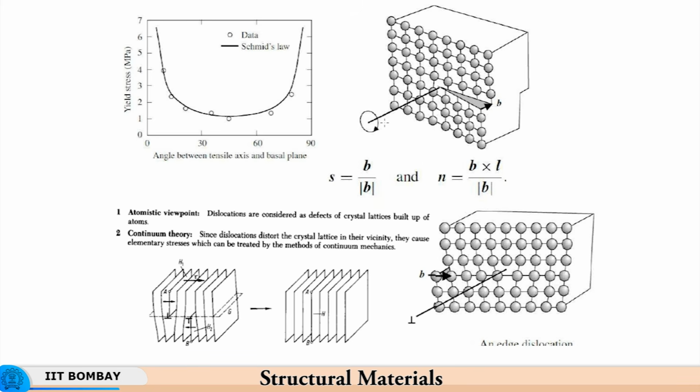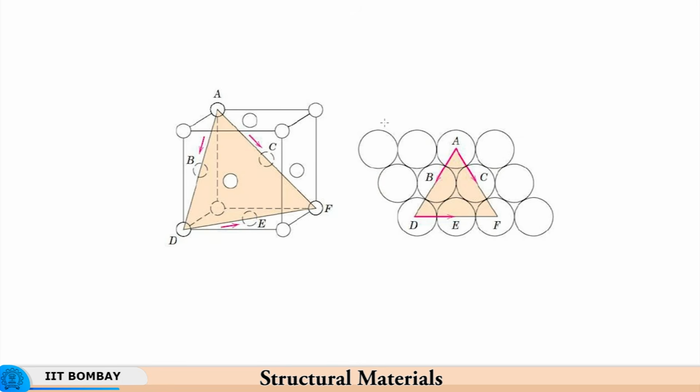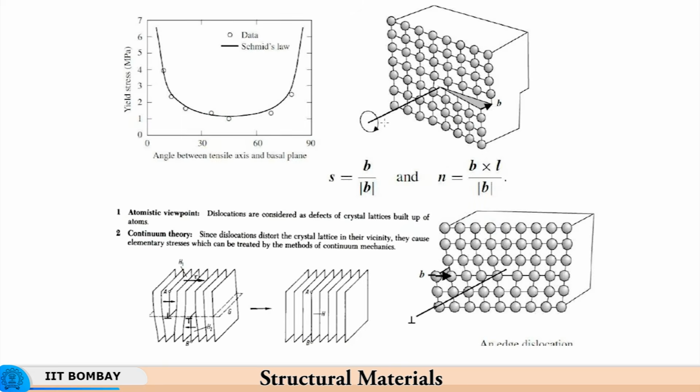Whereas from an atomistic viewpoint, if you take the bulk of material as composed of individual atoms, then you would consider dislocations as defects in the crystal lattice, and then you would look at the orientation of the crystallographic planes and these dislocation interactions, etc.